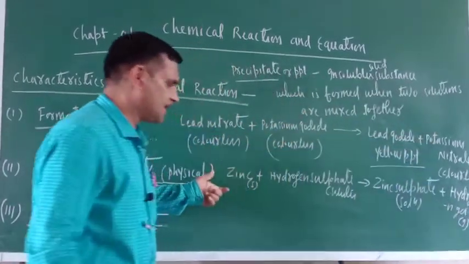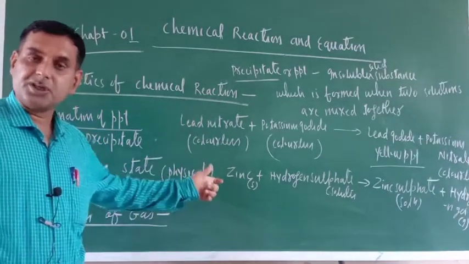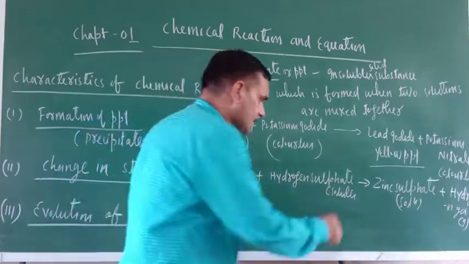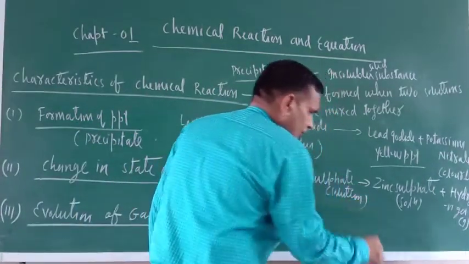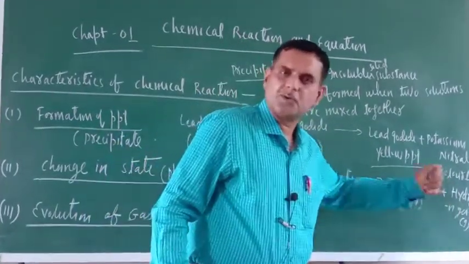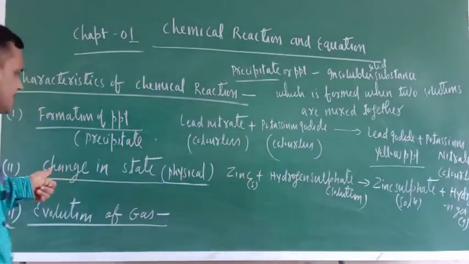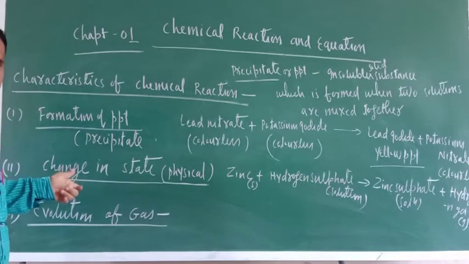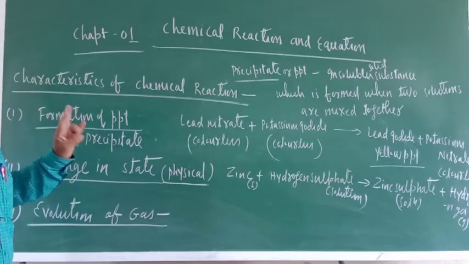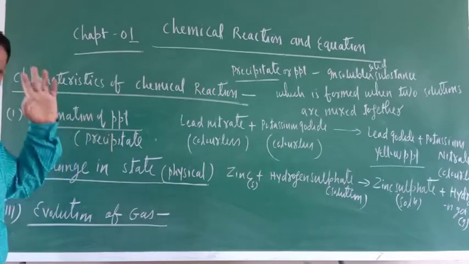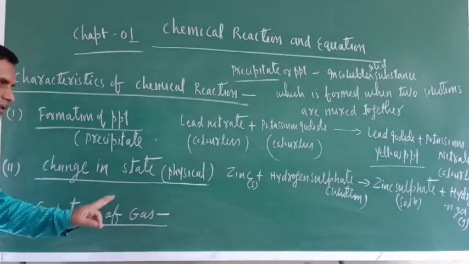Just see, is the physical state changed or not? Zinc you have taken as solid and hydrogen sulfate as a solution, but here what are you getting? Solution and gas. So the physical state of the substance has changed. This is an example of a chemical reaction. During the course of a chemical reaction there must be a change in the physical state of the substance. Now, evolution of gas.